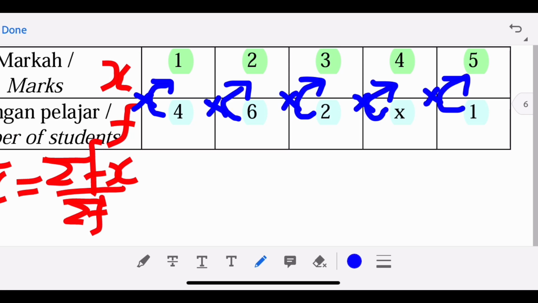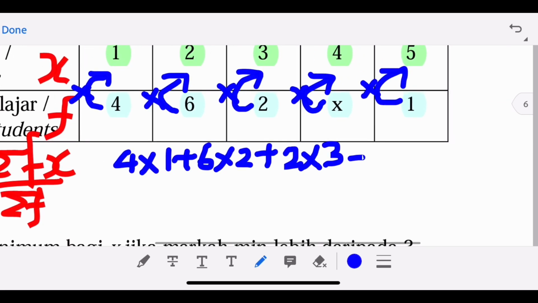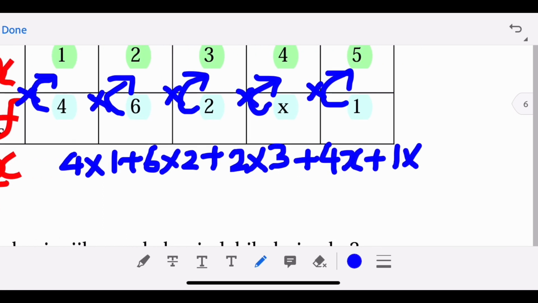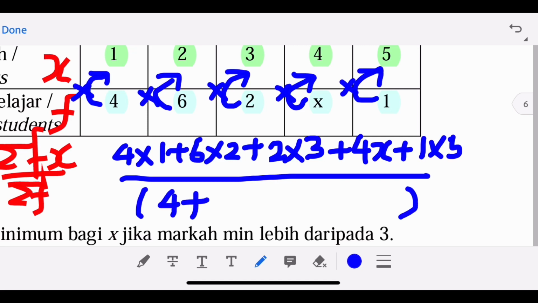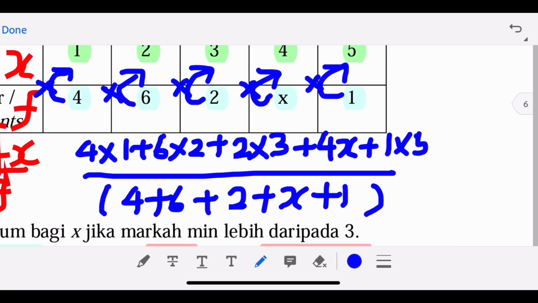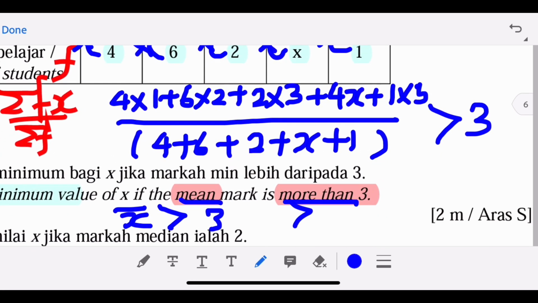Okay, so you multiply, you plus, that's called summation. 4 times 1 plus 6 times 2 plus 2 times 3 plus x times 4, or 4 times x, the same, plus 1 times 5, and over total frequency, right? So you plus 4 plus 6 plus 2 plus x plus 1 and more than 3, right? So you try to solve it.